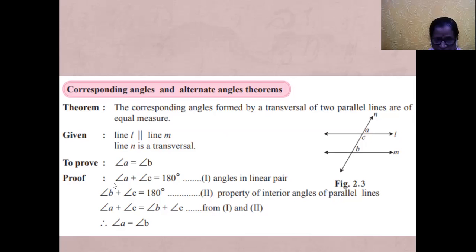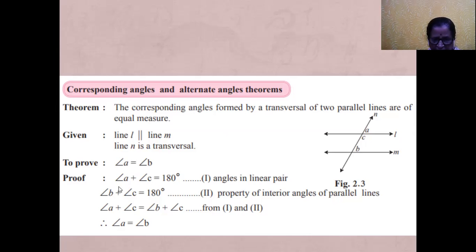So we are proving this: angle A plus angle C form a linear pair, so it is 180. This is equation 1. And then angle B plus angle C is 180 because of the property of interior angles of parallel lines.